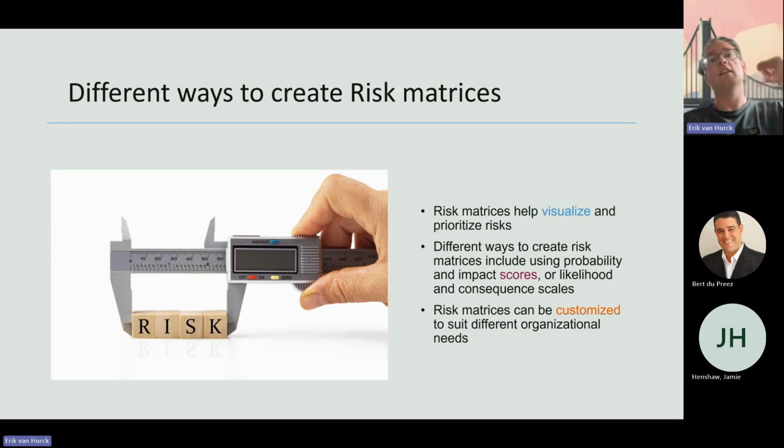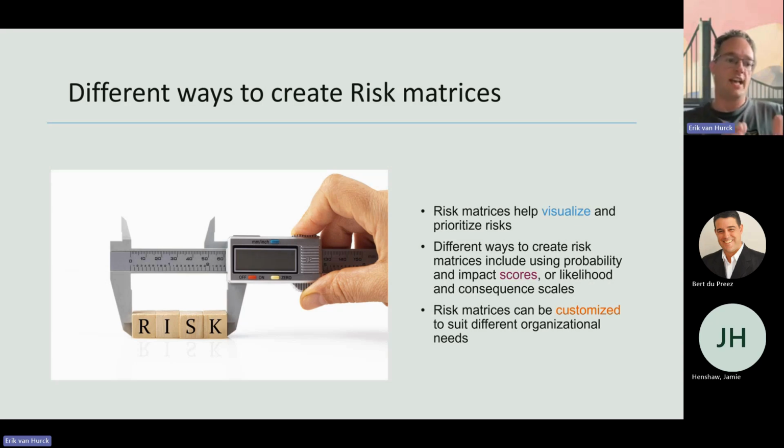So something that is very severe if it happens, and it's very likely that it's going to happen, will be on the top right corner. And that top right corner is typically bright red. Customizing these risk matrices is very dependent on the organizational need.